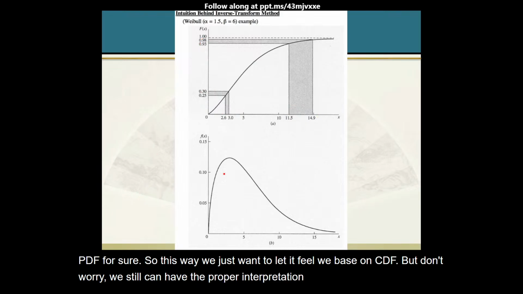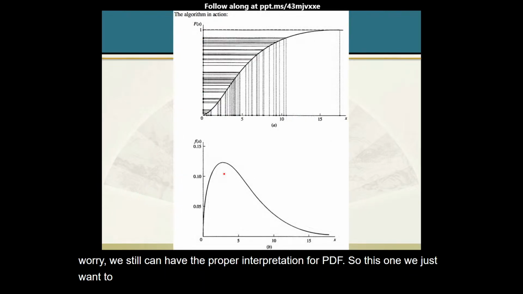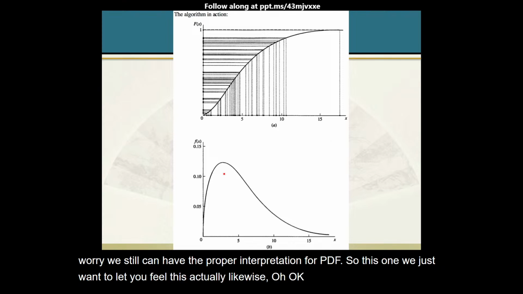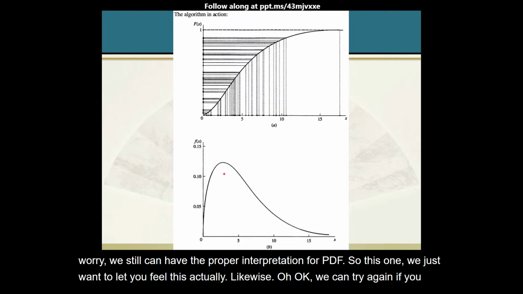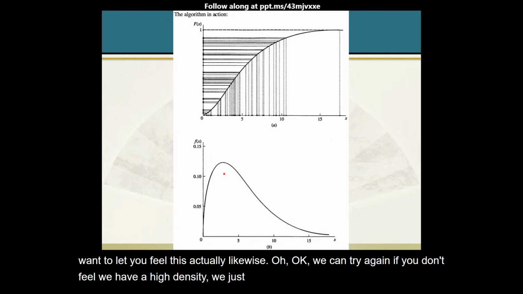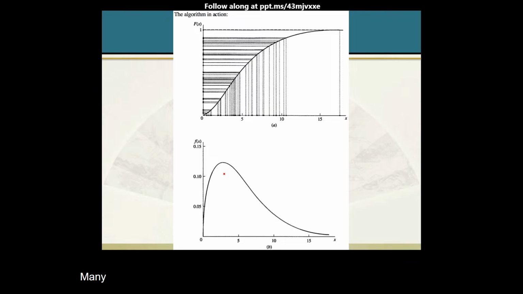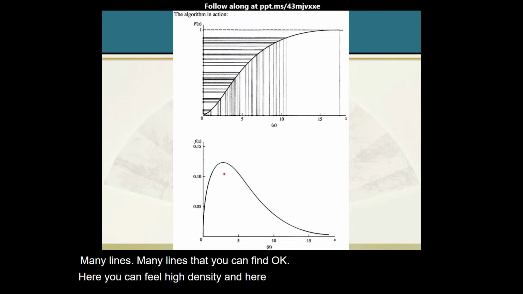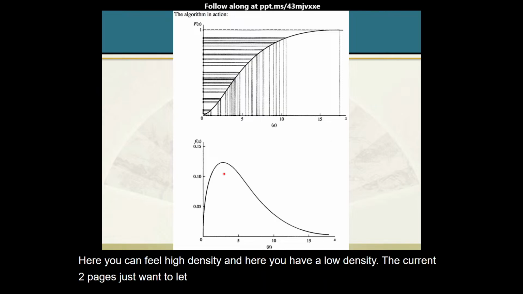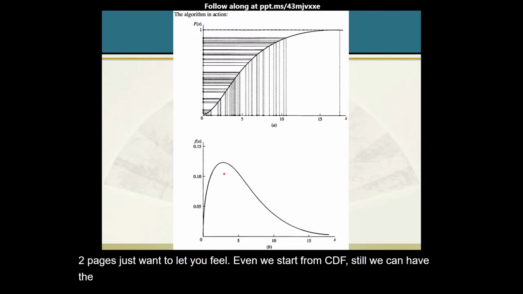If you don't feel we have a high density, we just let it have many lines, then you can find, okay, here you can feel high density, and here you have a low density. The current 2 pages just want to let you feel that even if we start from CDF, we still can have the proper interpretation for the PDF, and that's it.